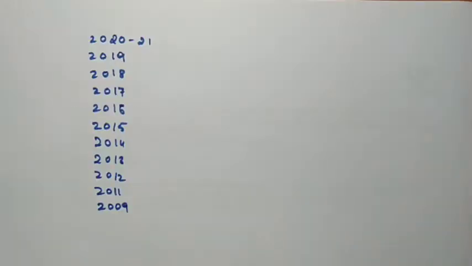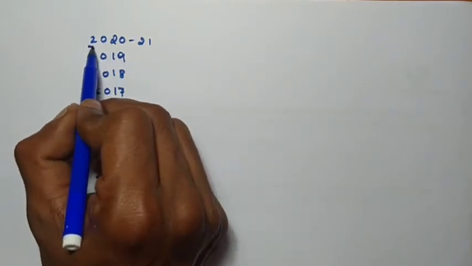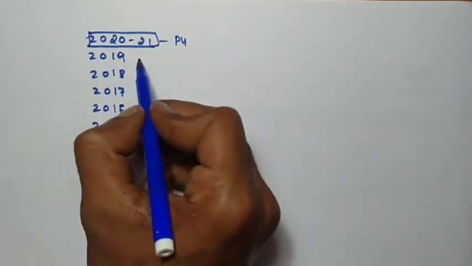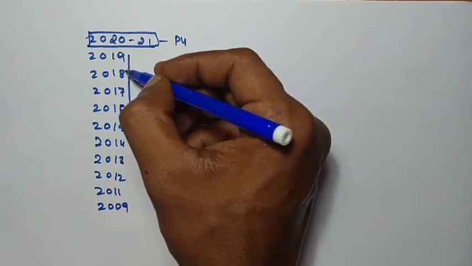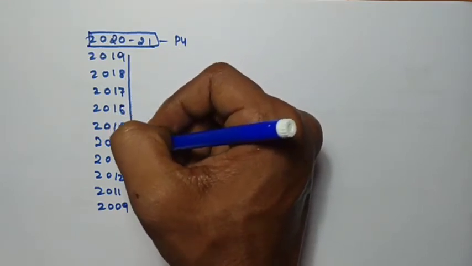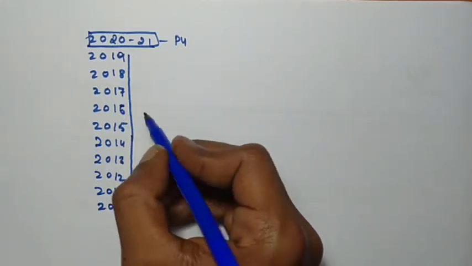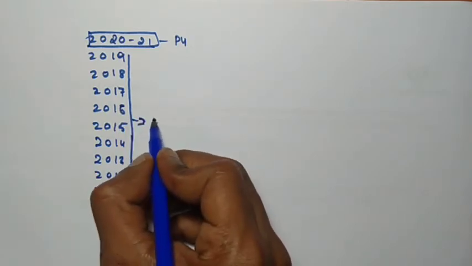Let us understand clearly. The first condition is he is a resident in any two out of the last 10 years preceding the previous year. If 2021 is the previous year, the preceding 10 years are 2019, 18, 17, 16, 15, 14, 13, 12, 11, 10. In these 10 years, he must be resident for 2 years.